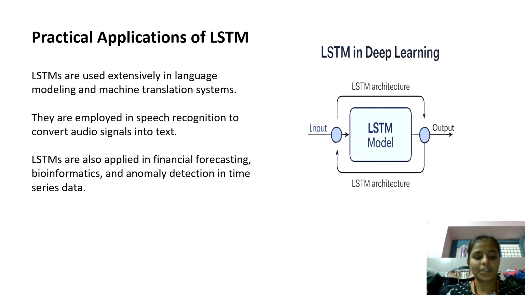Apart from these applications, LSTM can be used in financial forecasting, bioinformatics, and anomaly detection in time series data. So these applications show that LSTM can be useful in many real-world situations where the data comes in a sequence.